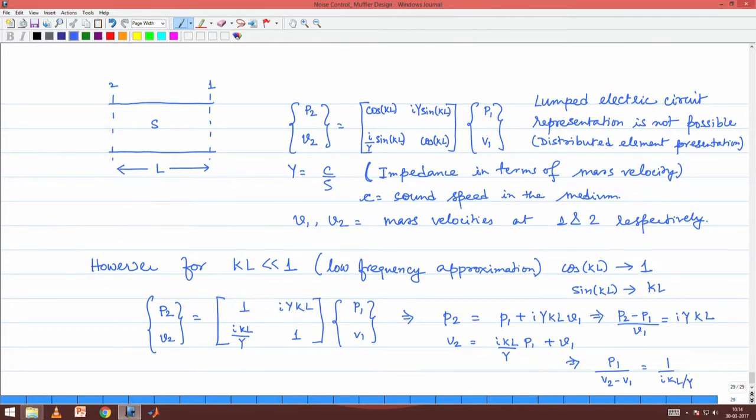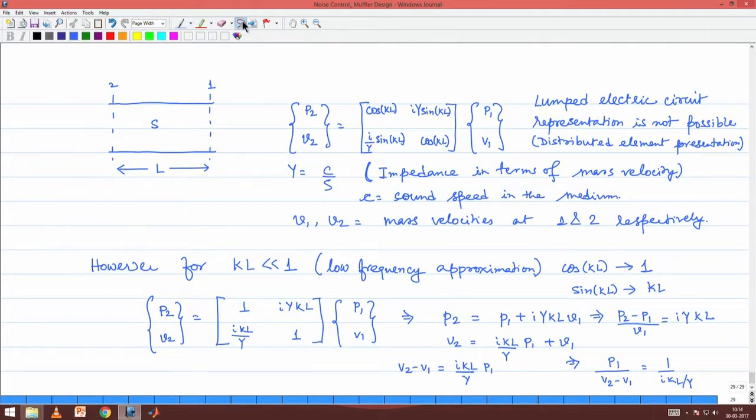I hope I am right. V2, let us do it in one more step. V2 minus V1 is equal to ikL by y P1. So, P1 by (V2 minus V1) will have ikL in the denominator and y in the numerator, which is exactly what I have written.